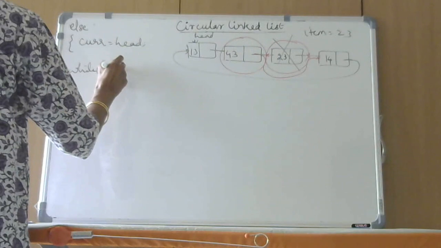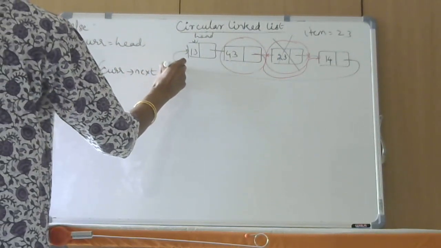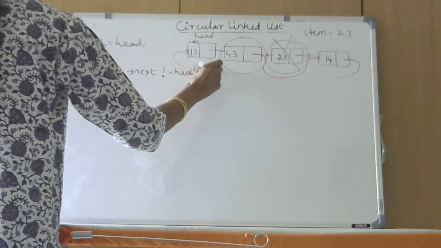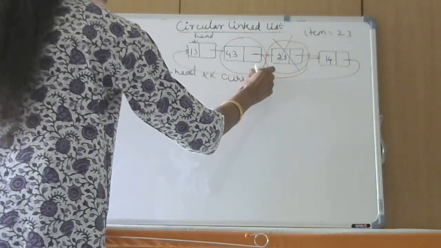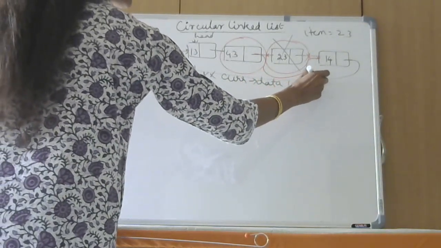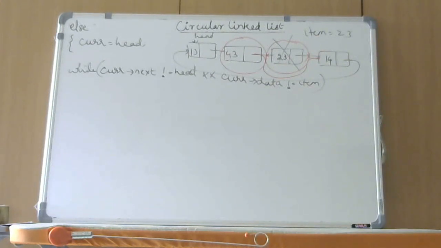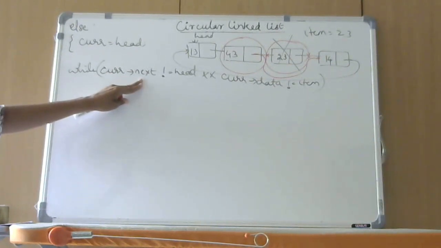So what I will say is, while current of next is not equal to head and current of data is not equal to item. Current of next is not equal to head means you are going to do this until you arrive at the last node.